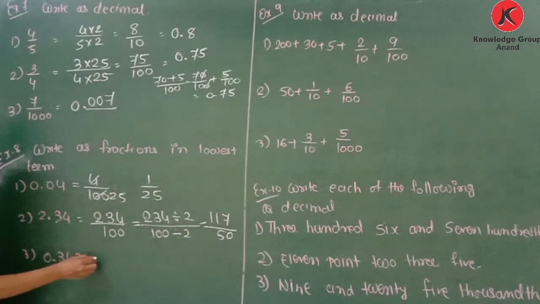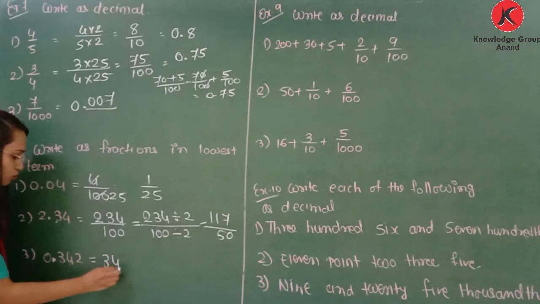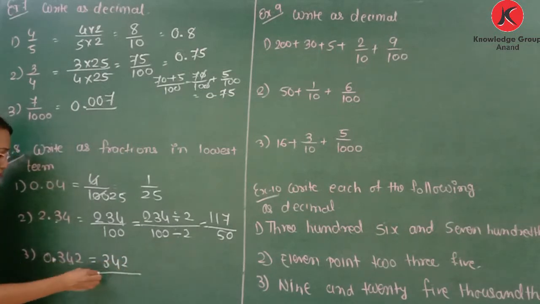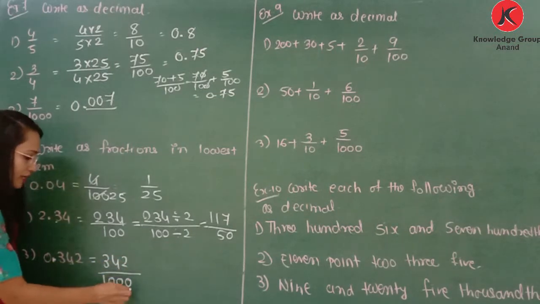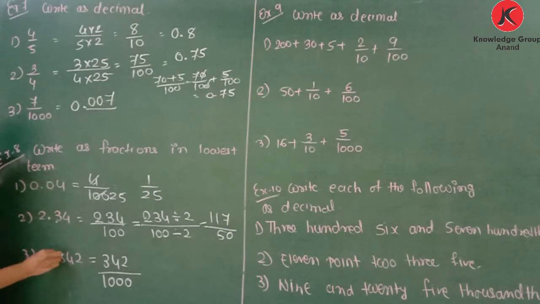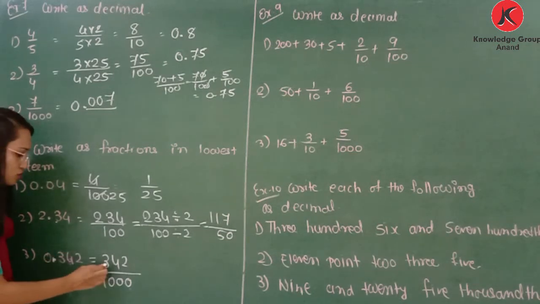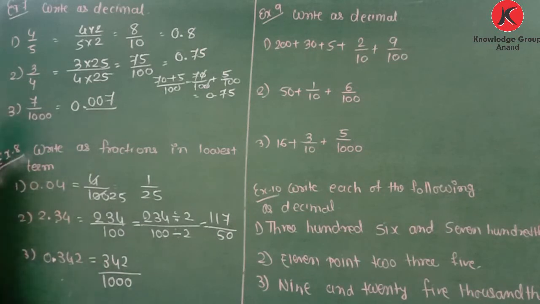Now the next one, 0.342. After the decimal there are 3 digits, so we need to write 3 zeros in the denominator, that is 1000. 3 is at the 10th place, 4 at the 100th place and 2 at the 1000th place. So it is 3 by 10, 4 by 100, 2 by 1000. So it is 342 divided by 1000.